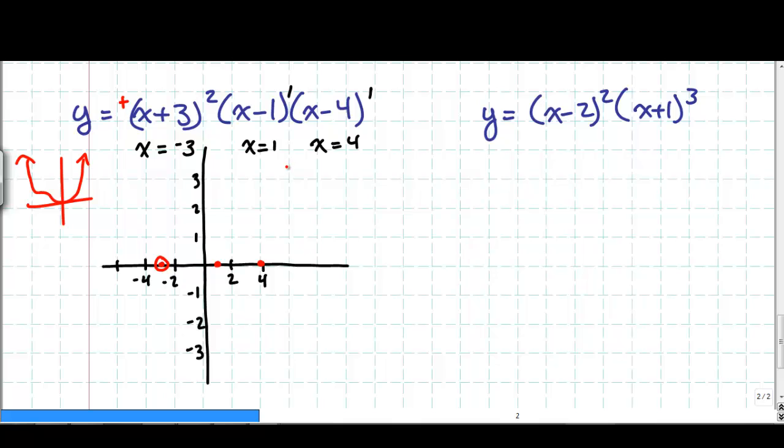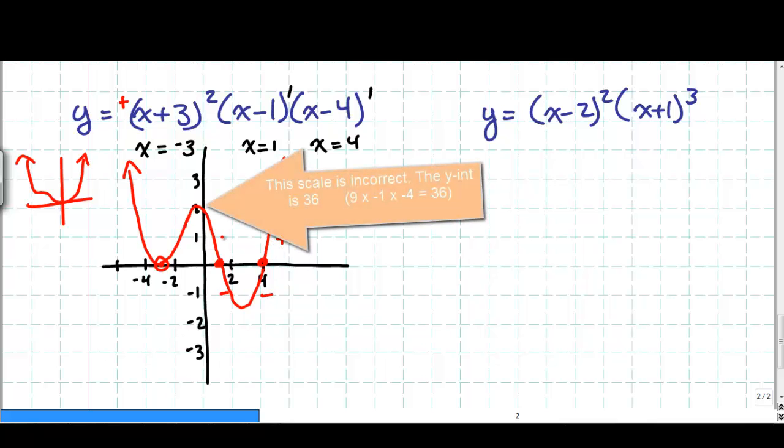So if it's ending up here, it's going to have to change sign, and then bounce here and go back up. Okay, so a double 0, a single, and a single. Changing signs, but not changing signs when the multiplicity is 2.